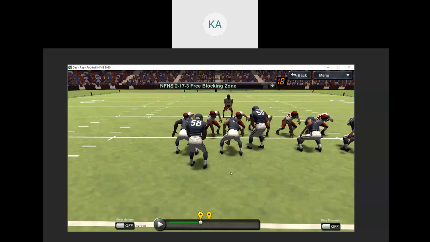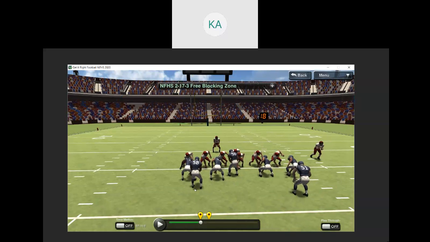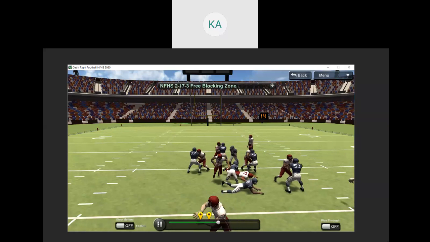So this is kind of your view here. You're looking at blue 58. From this angle, you could make a pretty good argument that says, I'm not quite sure if he's in there or not, but he is. And the same thing with that tight end over here. Is he in the free blocking zone at the time of the snap? They are. So that makes that contact legal.